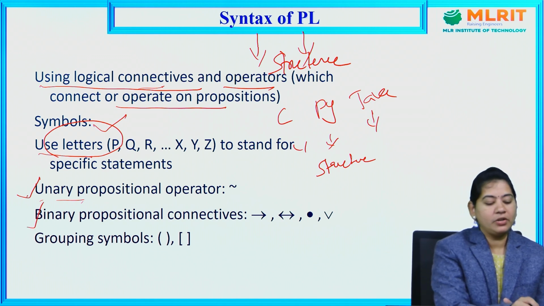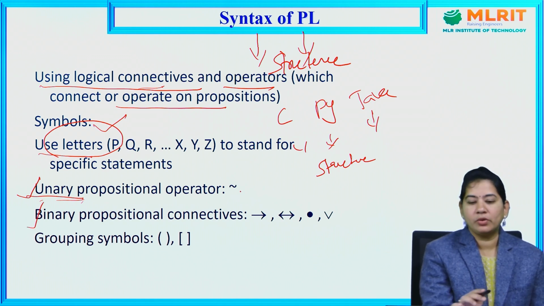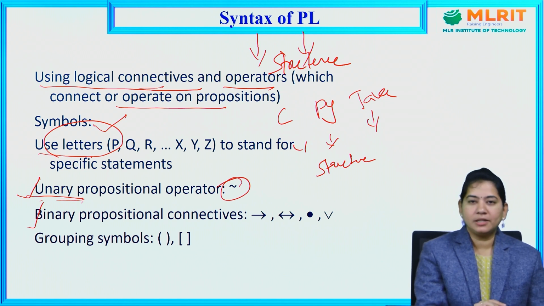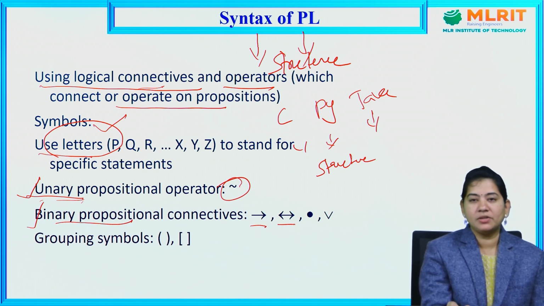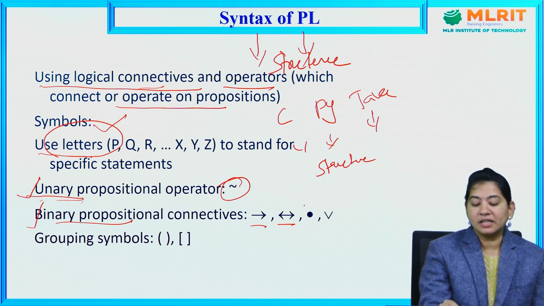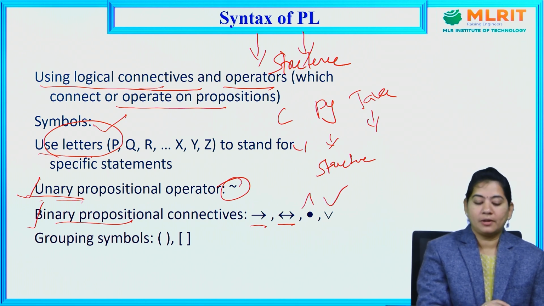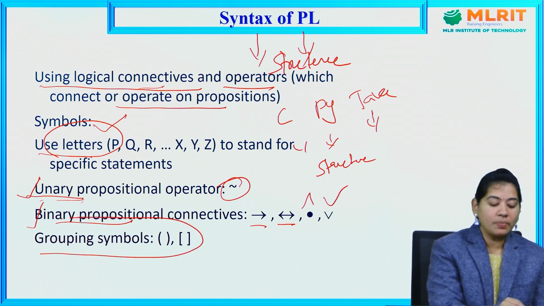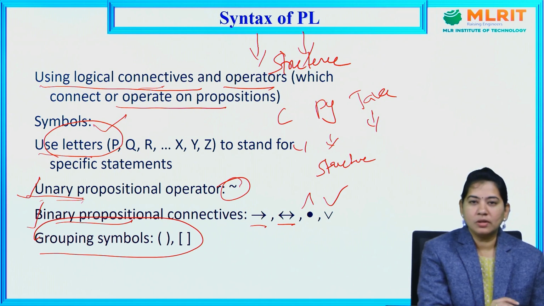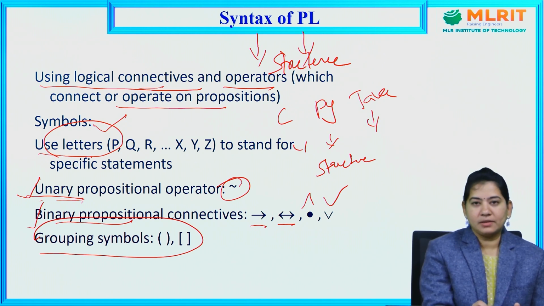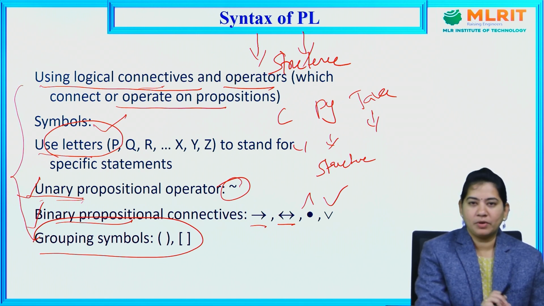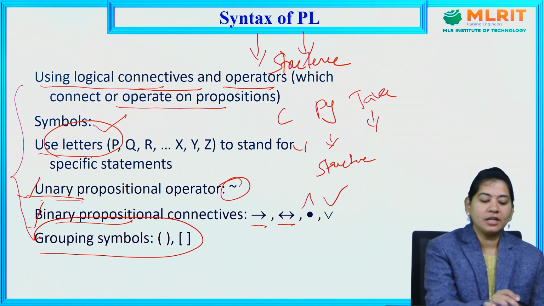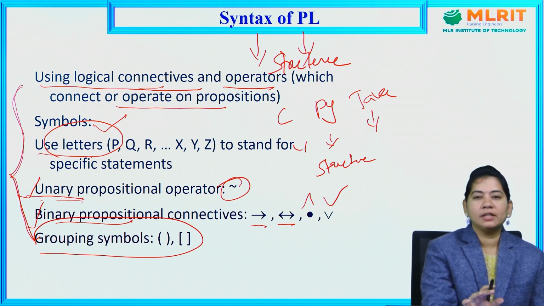We have only one unary operator, which is negation. The binary operators are implication, biimplication, conjunction, and also or. Not only these operators, we can also use brackets, which group the symbols. The combination of all this becomes a statement formula. These are only the set of rules to get the statement formula.